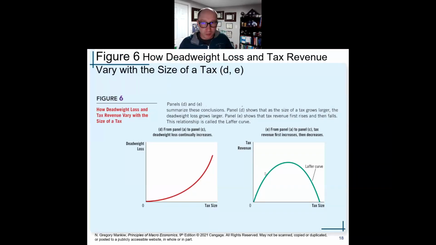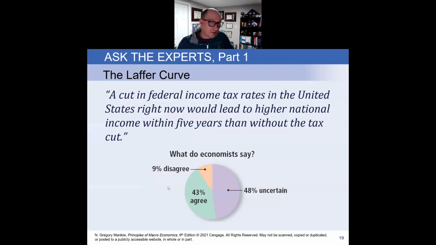It basically says that at a certain point, when we raise taxes too high, people are going to leave the market. That market will shrink, right? And at that point, we're not going to be able to collect as much tax revenue because less people are going to buy, right? It's just logic. So it's a logical thing.